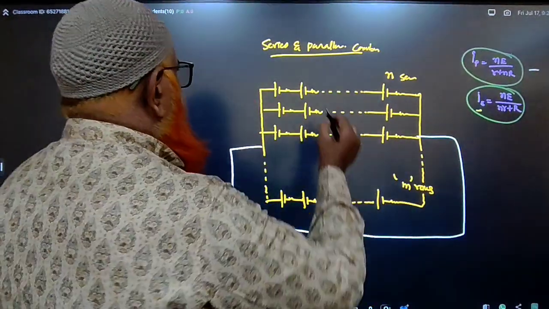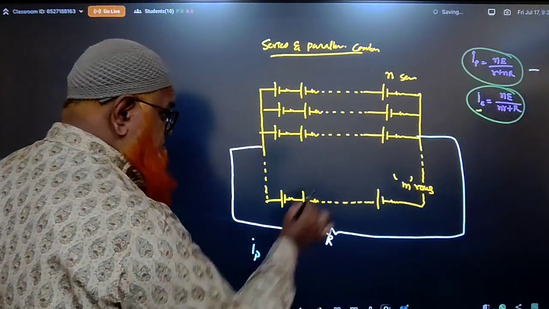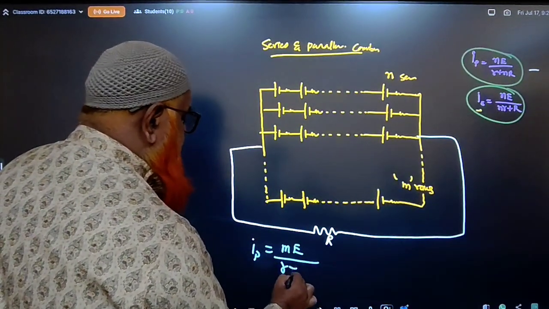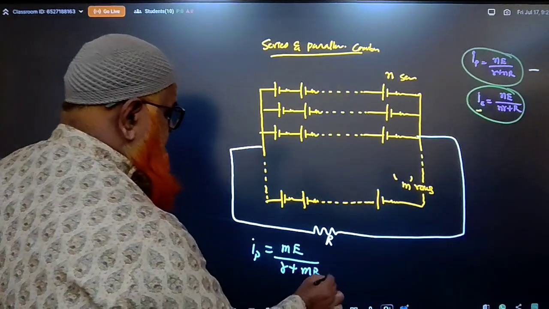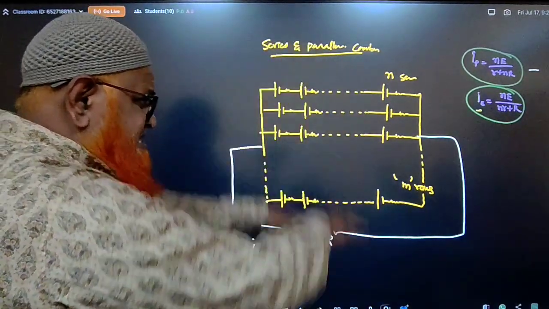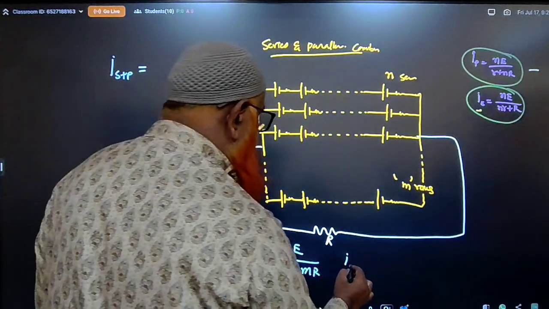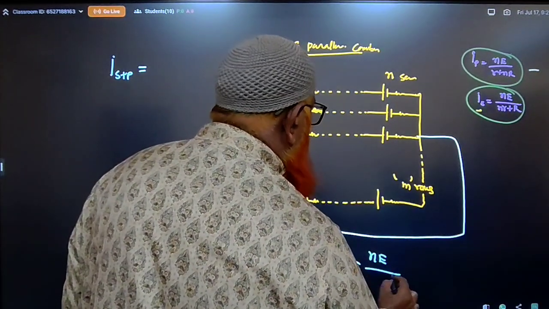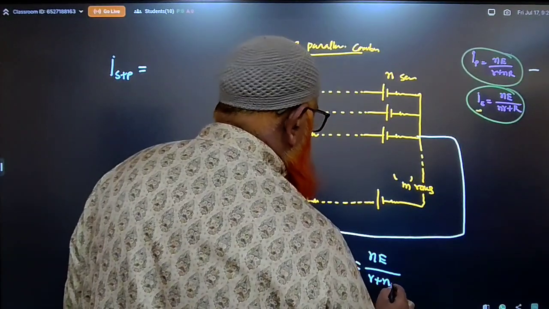So here in a parallel combination, if you take M, you should get M into E by small r plus M into capital R in these combinations. Okay, only M cells are in parallel, and if it is a series connection, as N cells are in series, you will just write N into E by R plus N into capital R.